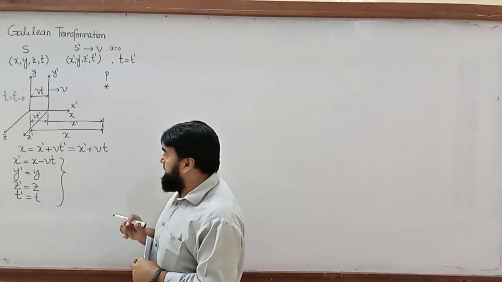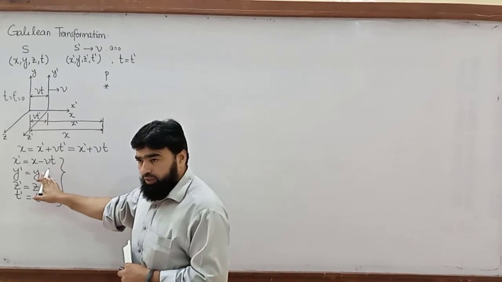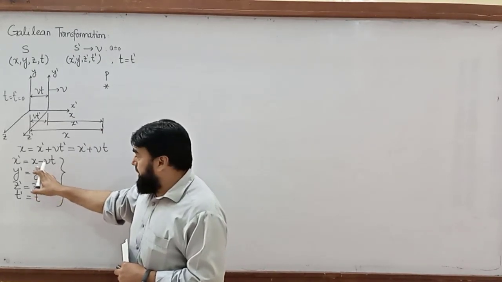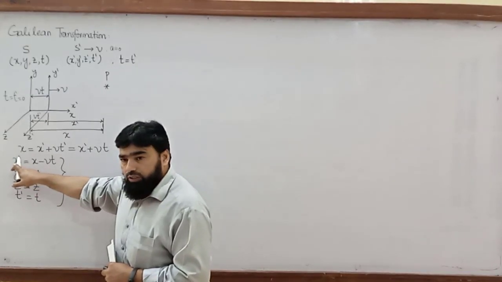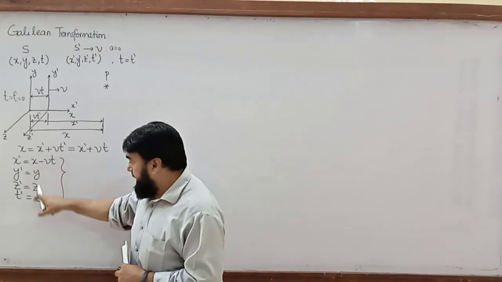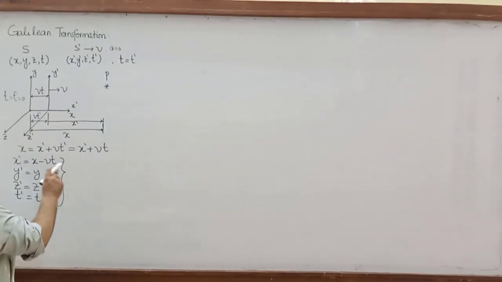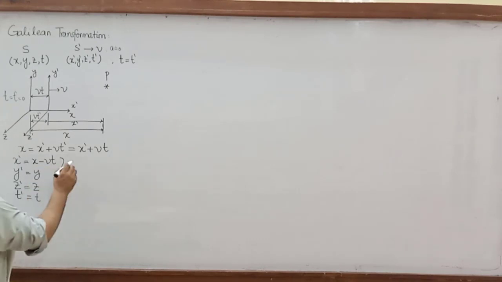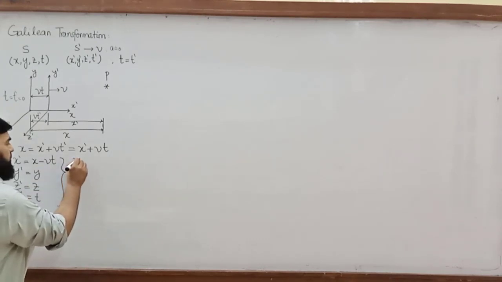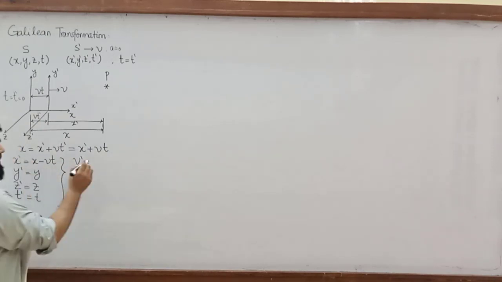Now let's take the derivative of this one. So what will it give us? It will give us the velocity. Here it will be velocity, and similarly here as well. Now if I differentiate it with respect to t, then it will be v prime equal to x over t.